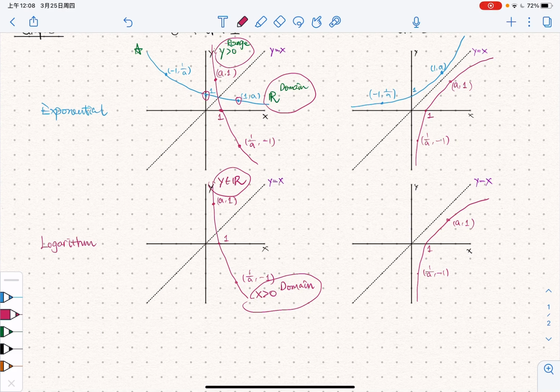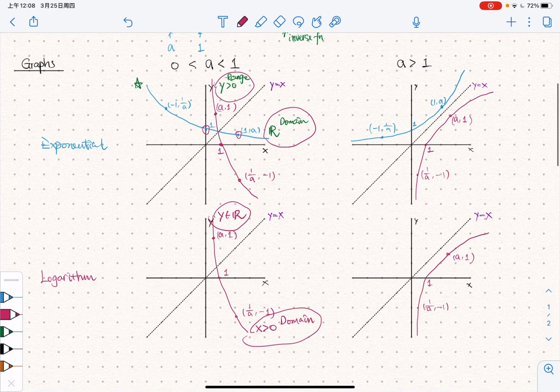Let us see if it's the case when a is larger than 1, so the graph's on the right. For the exponential function, we again have the domain of R and the range of y larger than 0. We can see it's the same. We can take everything of x, but we can only take y larger than 0.